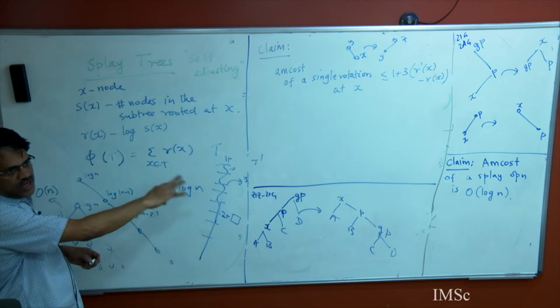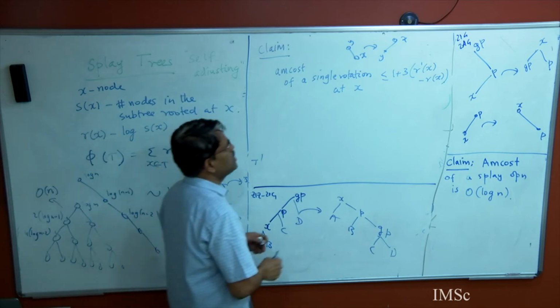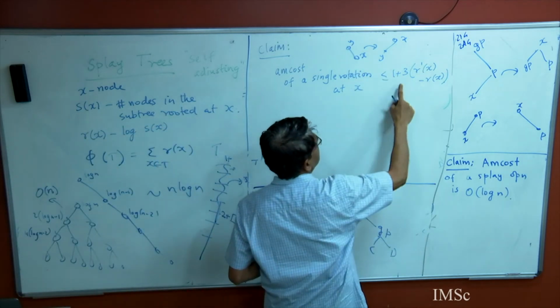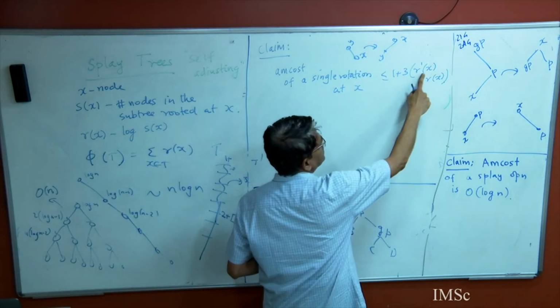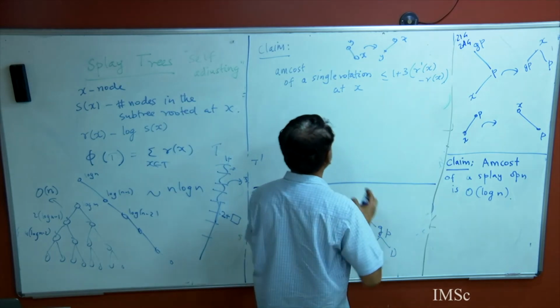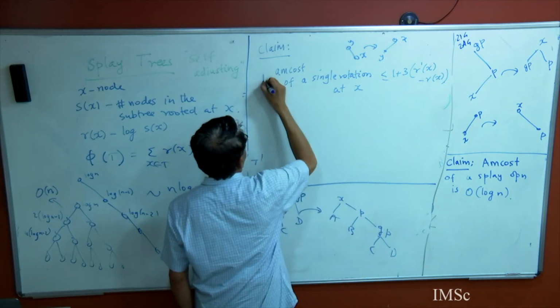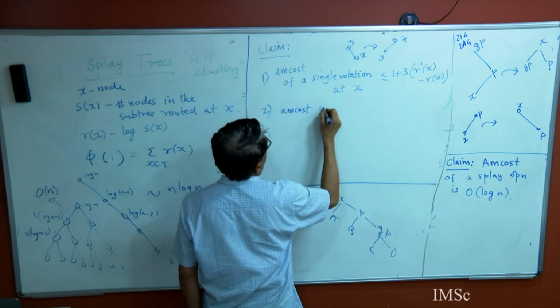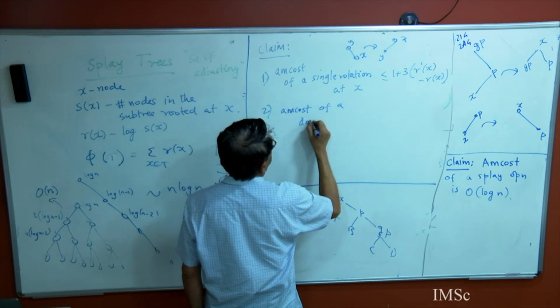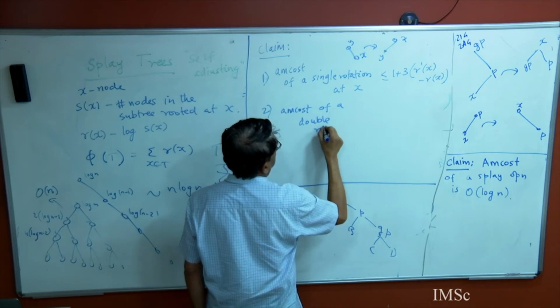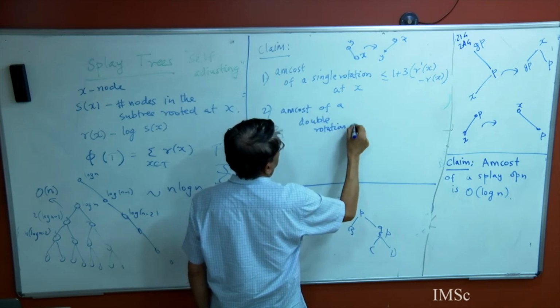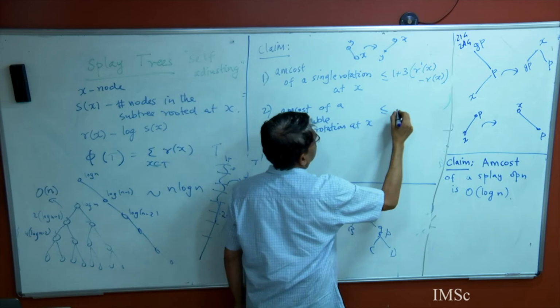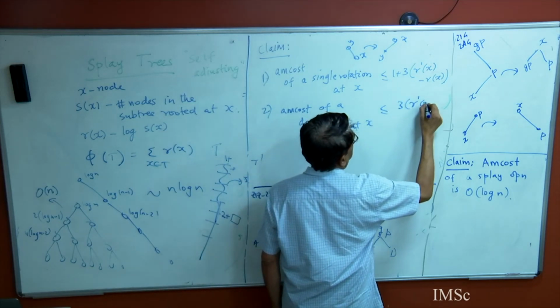The new r is r prime. So the claim is after a single rotation, the amortized cost is at most 1 plus 3 times (r prime of x minus r of x), and the amortized cost for a double rotation at x is at most 3 times (r prime of x minus r of x).